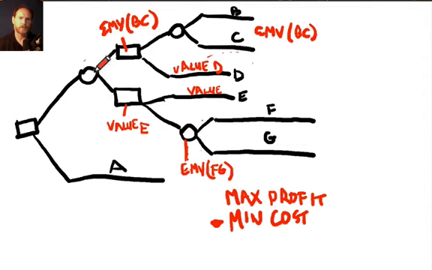Now, we should have probabilities here because this involves states of nature. So we would compute the EMV of these two values the same way we compute any other EMV. And that's going to give us an EMV for those two. And we'll just call this BCE.